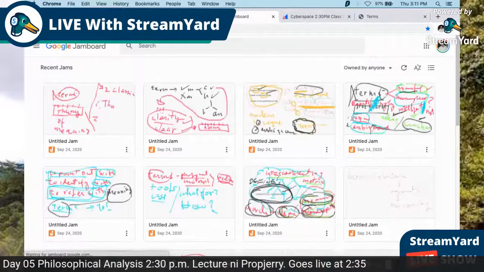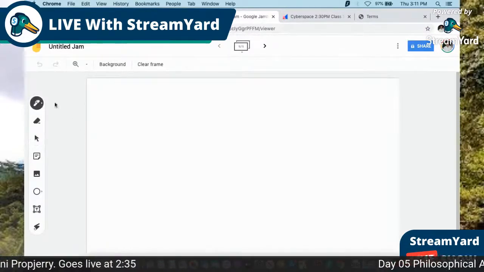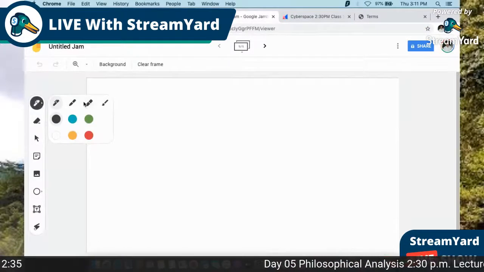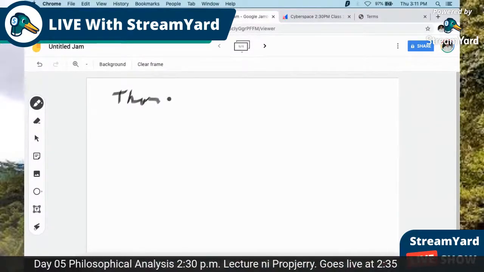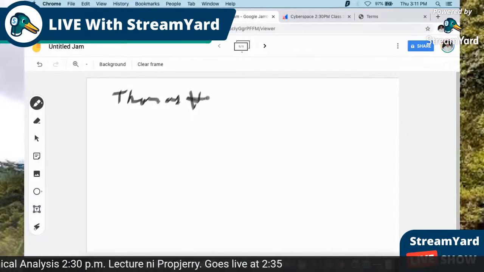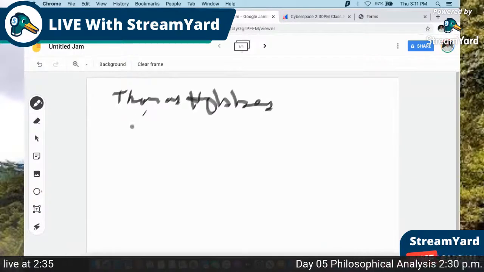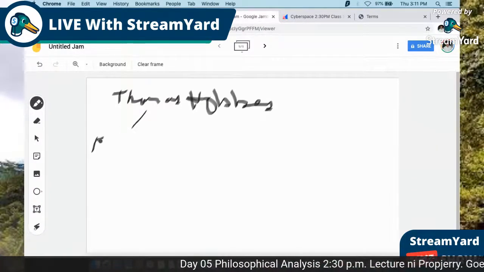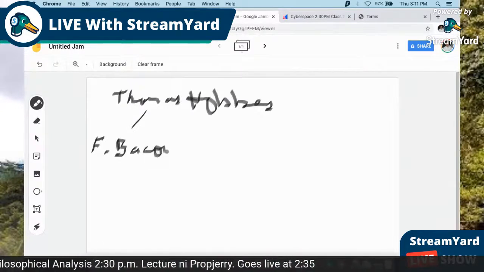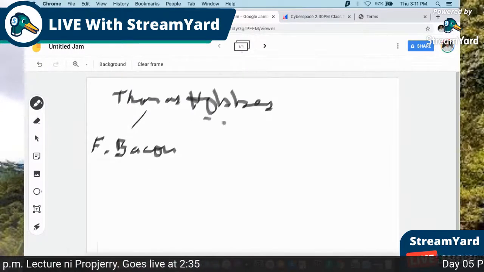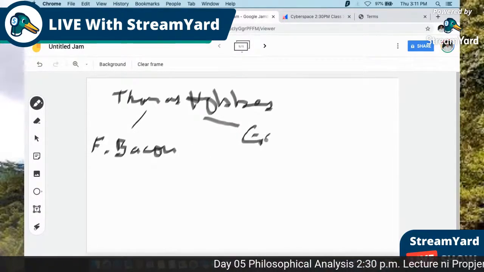Guess what? Thomas Hobbes was very lucky. Why? Because Thomas Hobbes was a good friend of two people. One, Francis Bacon. Francis Bacon was his first friend. And then he came to be a friend later of Galileo Galilei.